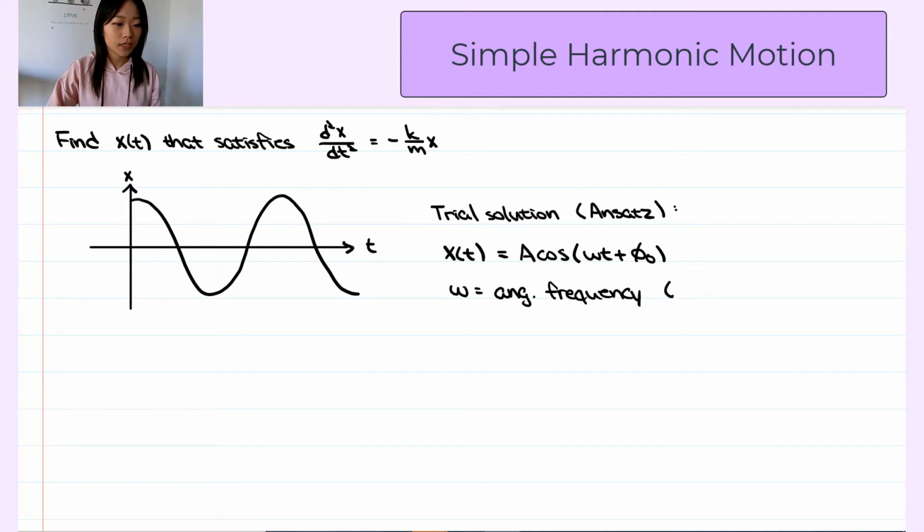Its unit is radians per second. And phi naught is the phase constant. Its unit is radians.